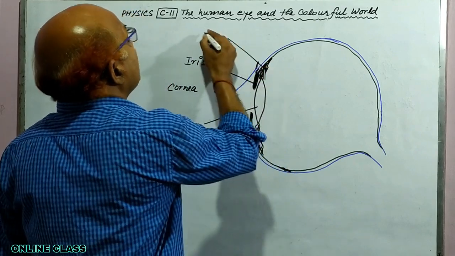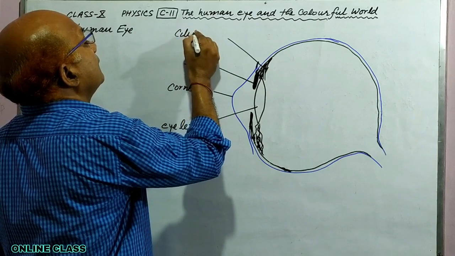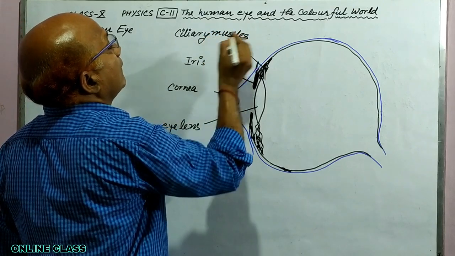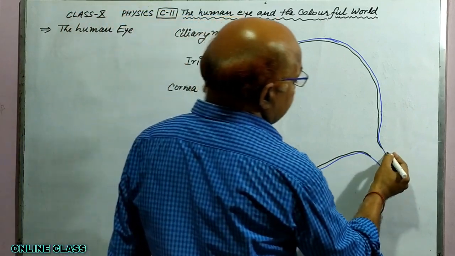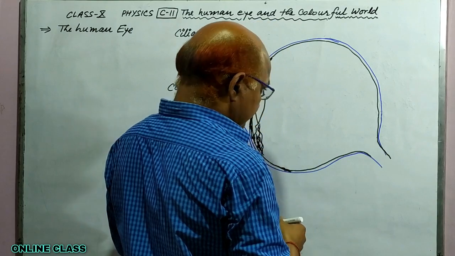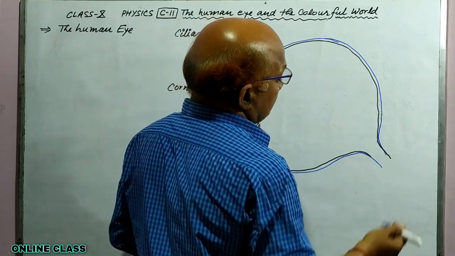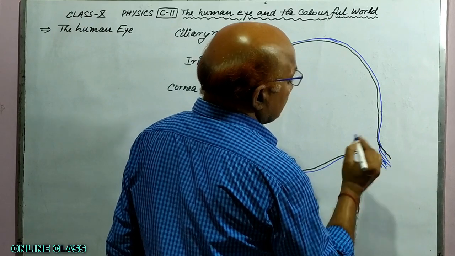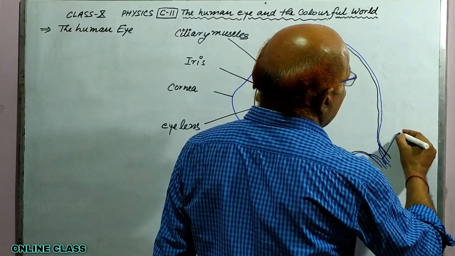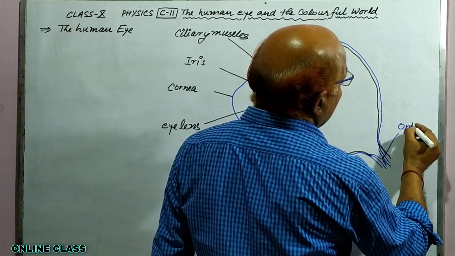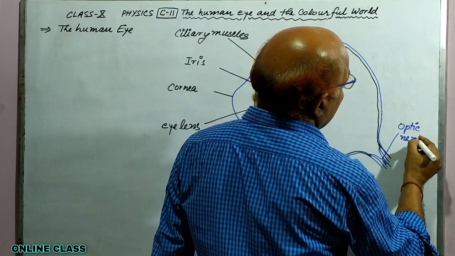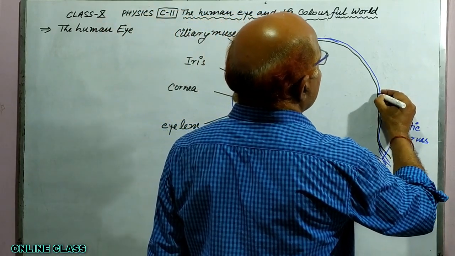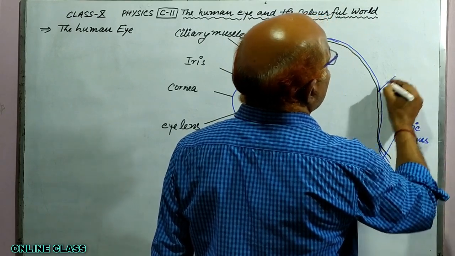These are ciliary muscles. These are optic nerves. This is retina.